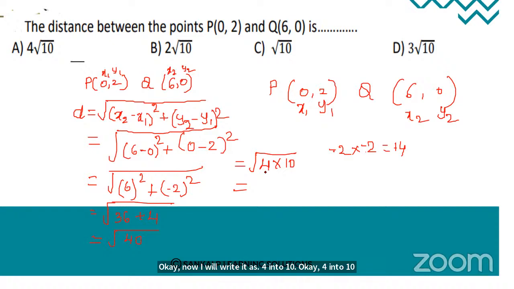This 4 is perfect square number. ಇದನ್ನ ಹಿಂಗೂ ಬರಿಬಹುದು. ಓಕೆ, ಸರ್ಡ್ಸ್ ಕಲ್ತಿದ್ದೀರಲ್ವಾ, ಹಿಂಗೂ ಬರಿಬಹುದು. ನೆಕ್ಸ್ಟ್, ಬೈ ರಿಮೂವಿಂಗ್ ದಿಸ್ ಸ್ಕ್ವೇರ್ ರೂಟ್, it is 2. Okay, 2 2s are 4. It is square root of 10.